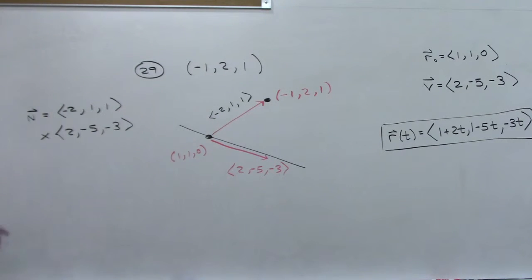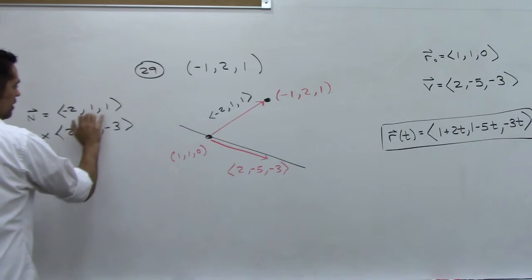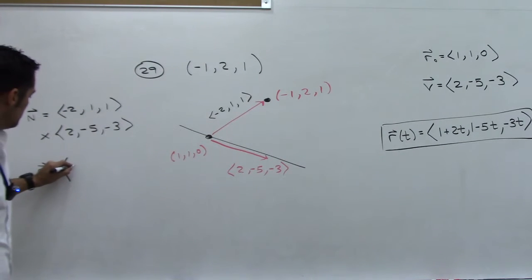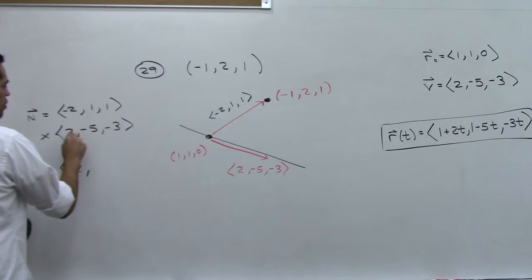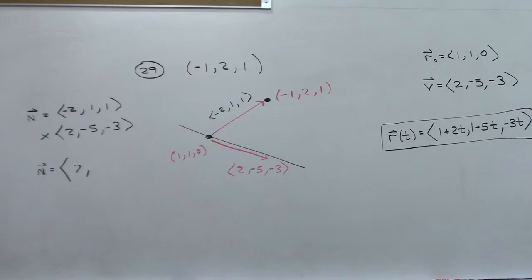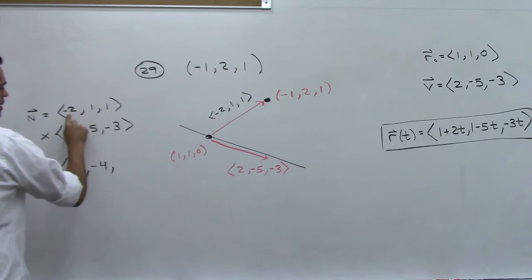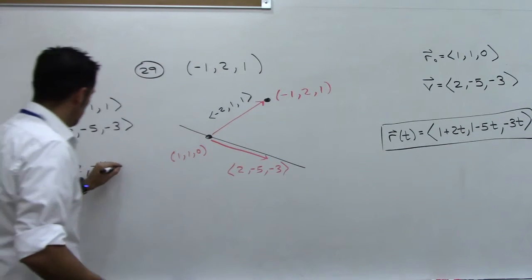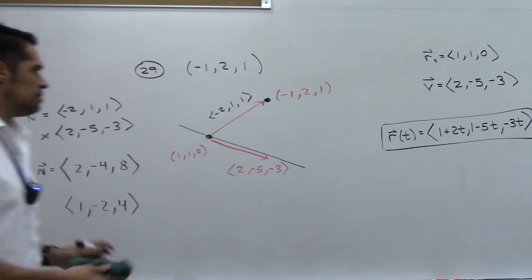So when we cross these, my normal will be, okay, cover this up. So we've got negative 3, take away negative 5. That's the same as negative 3 plus 5, so that's 2. Cover up this one, we've got 6, take away 2, 4, but then change the sign, so negative 4. And then finally, cover this up, 10, take away 2 is 8. Hey, they're all divisible by 2. I think I'll use 1, negative 2, 4 instead. You could use the original, but I'm just going to make it a little easier.